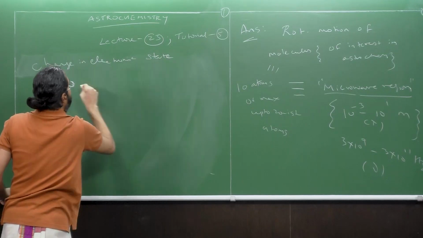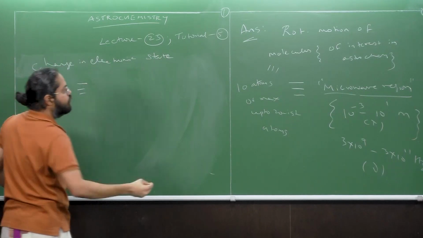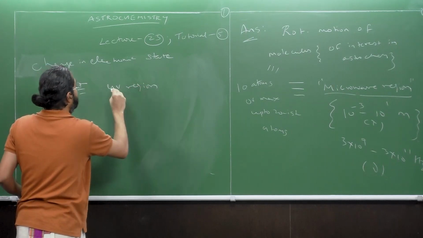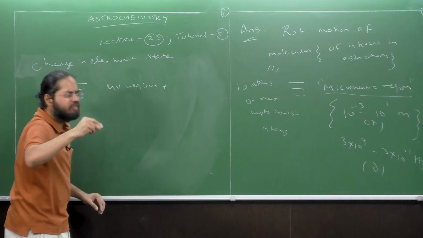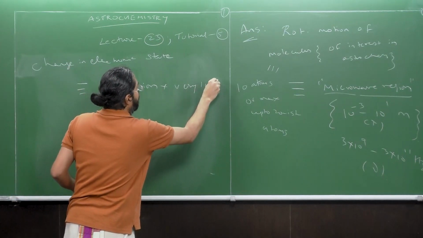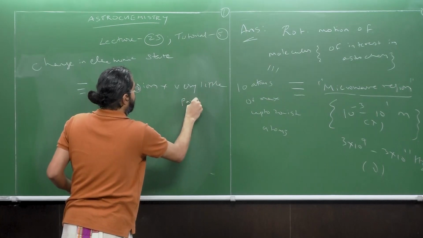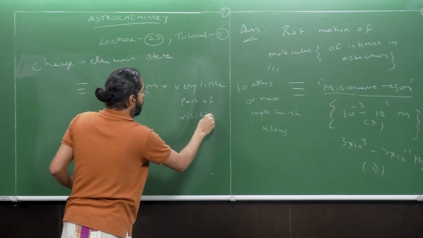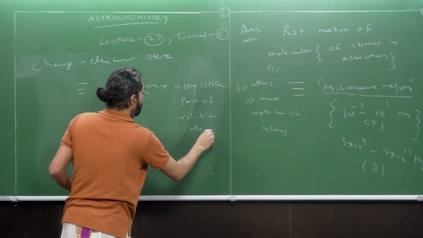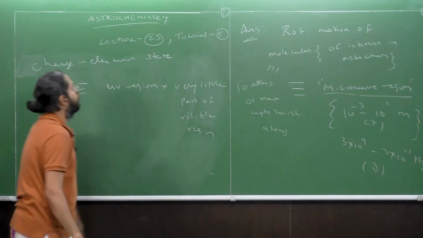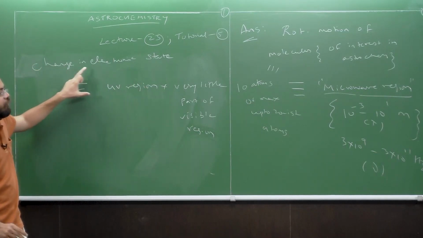And that typically coincides with what is called the UV region, the ultraviolet region, plus some very little part of the visible region. So the change in electronic state corresponds to this region.